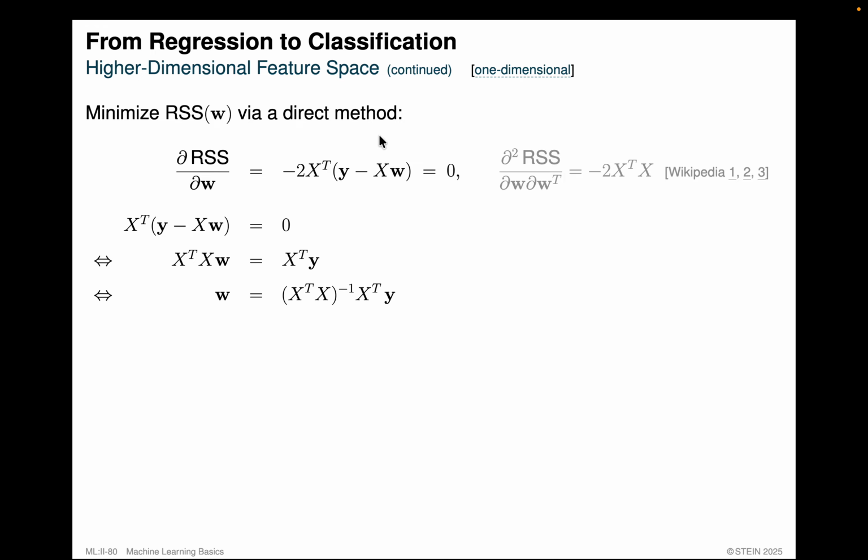So this is the derivative of the function. We want to find which parameter vector makes this 0. So we solve for this parameter vector and find that computing this pseudo-inverse, this matrix here, which is called the pseudo-inverse of the input matrix, our feature matrix X, multiplied by y gives us this parameter vector.